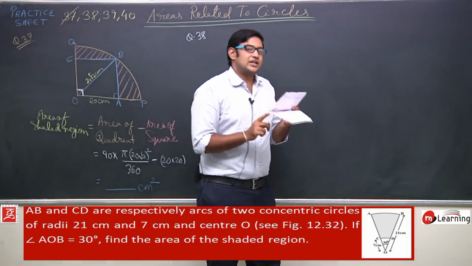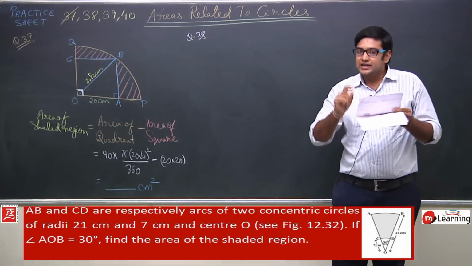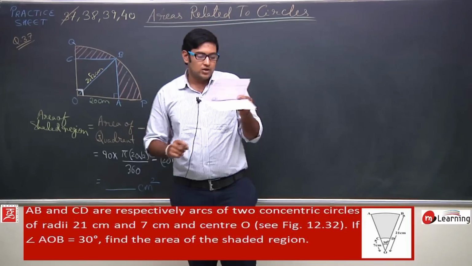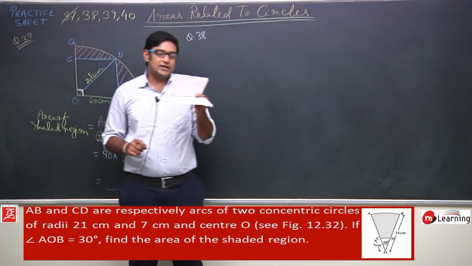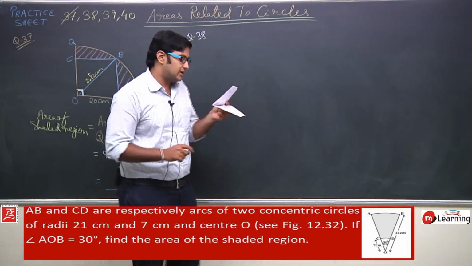The radii are 21 centimeters and 7 centimeters, and the center is O. It says angle AOB is equal to 30 degrees, then find the area of the shaded region.